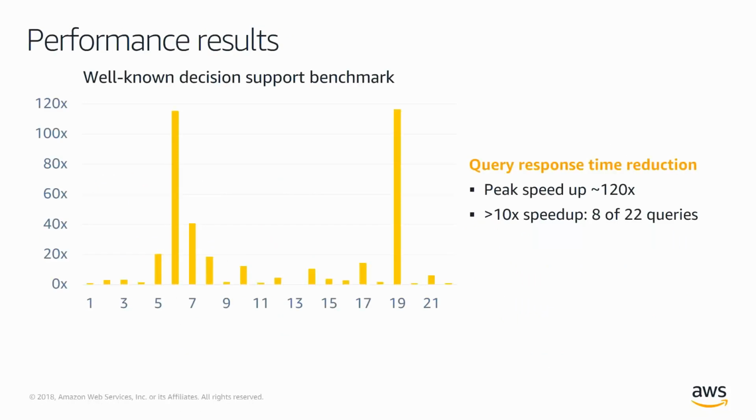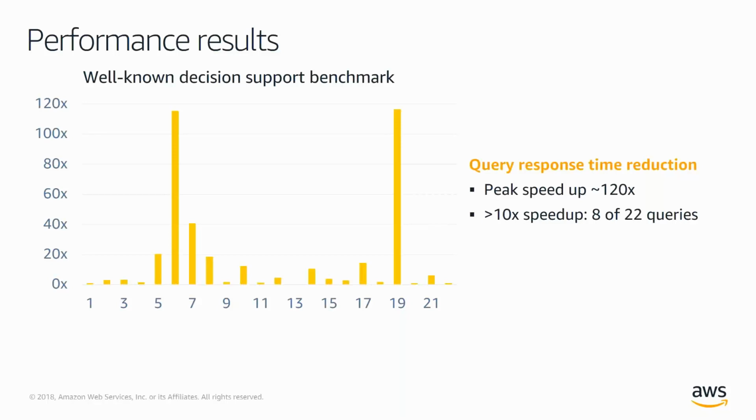This right here are the results of a performance test on a well-known decision support benchmark, right? And you can see that for the peak performance, we were at around 120 times faster with Aurora Parallel Query than we would be without it.